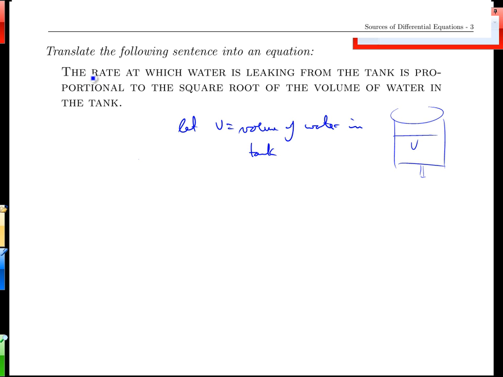And as soon as we say the rate at which water is leaking, well, that's causing a decrease in the volume in the tank. We're losing water. So the rate at which water is leaving the tank is proportional to a constant times the square root of the volume of water in the tank. And the one thing I would start adding now is explicit sign notation.